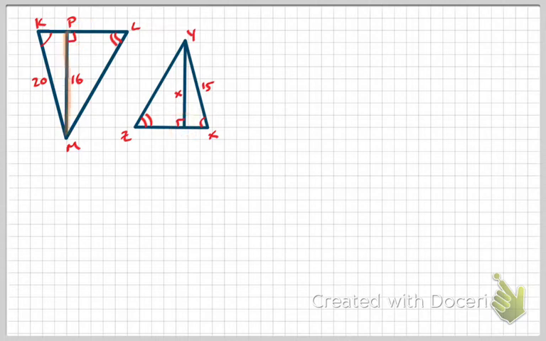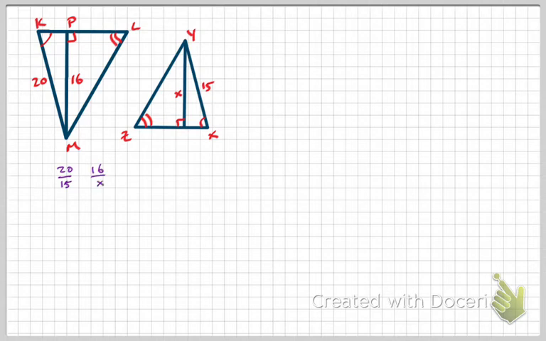So the 16 and the x are both the altitudes of our triangles. Make the ratios how we did in 7.1 to 7.4 with the corresponding parts: the 20 corresponds to the 15, and the 16 corresponds to the x.